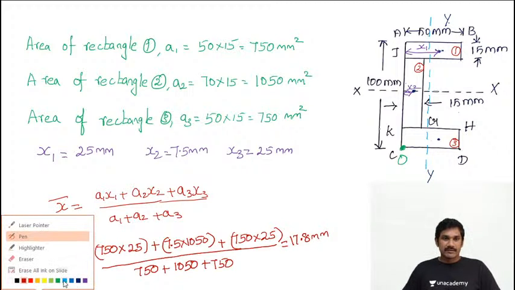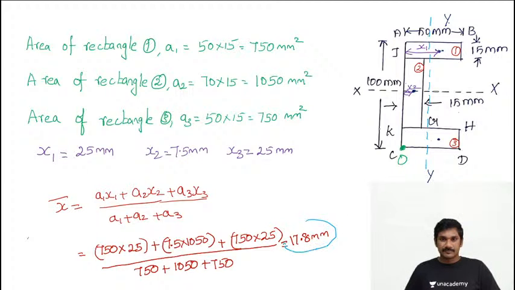So what is this 17.8 mm? This is the x bar value. Now x bar value means from the origin this distance.